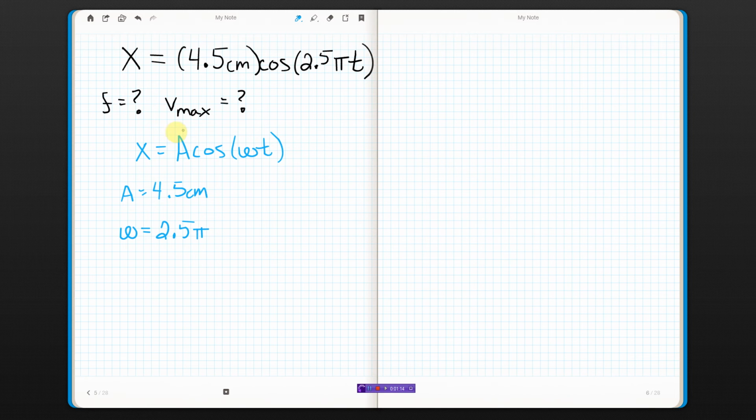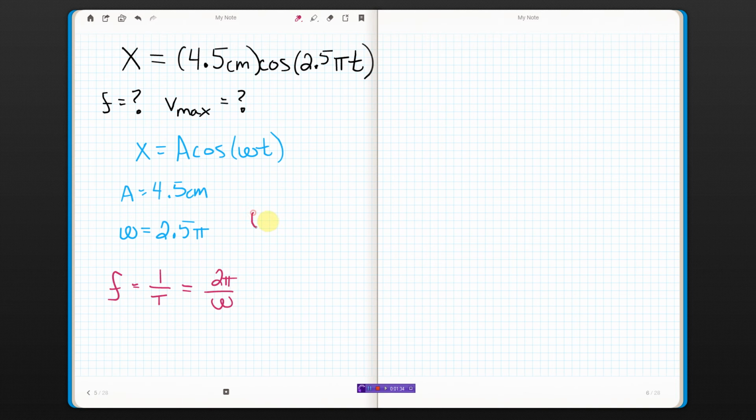Okay, so frequency, let's look at frequency. I know that frequency is either 1 over period, or I can use omega is 2 pi f. That's where I'm getting this from.